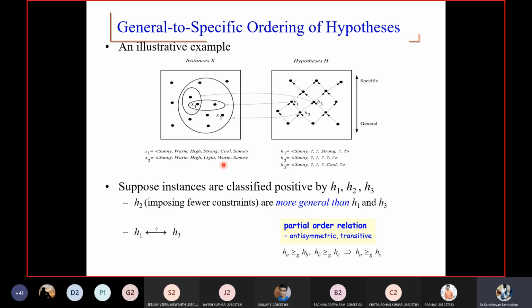Here you can see the fourth and fifth attributes are different. Both are positive test cases, but the attributes have changed. Whenever such changes happen, you need to convert it into the general one, so you change it to the question mark. That is how we map these instances to the hypothesis. We will see how to solve this.